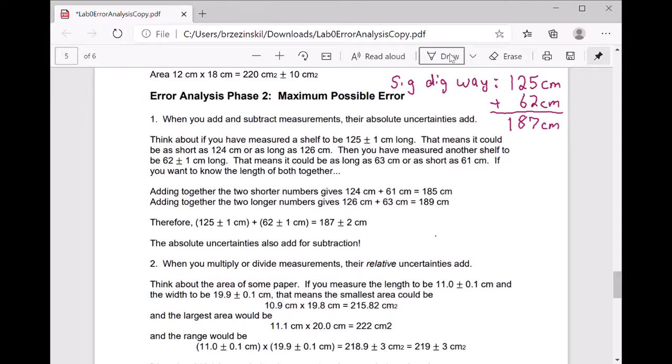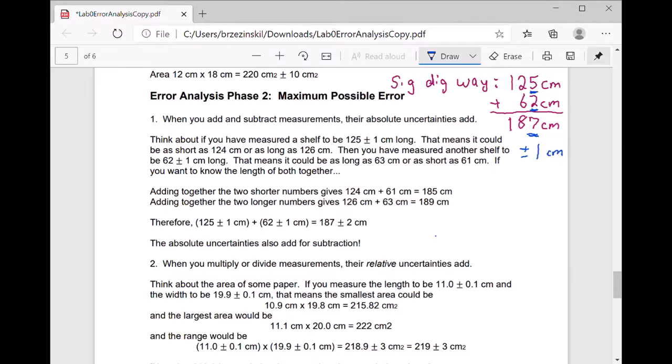All right, let's take a look at adding some numbers using the significant digits way, the phase 1 way of dealing with uncertainty. So if we have two measurements, 125 centimeters and 62 centimeters, and we're adding them together, again, that last digit is the uncertain digit, so we know the 125 centimeters to the ones place, and we know the 62 centimeters to the ones place, and so we add them together, we would get a result of 187 centimeters to the ones place, and we're implying by writing it like that it's plus or minus 1 centimeter.